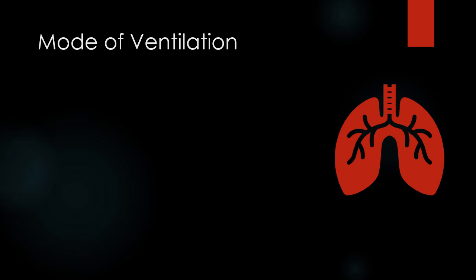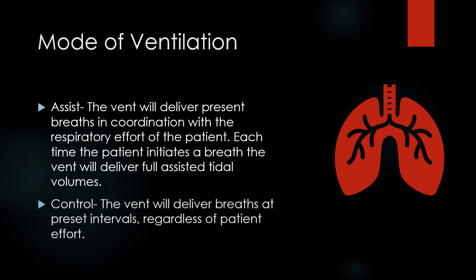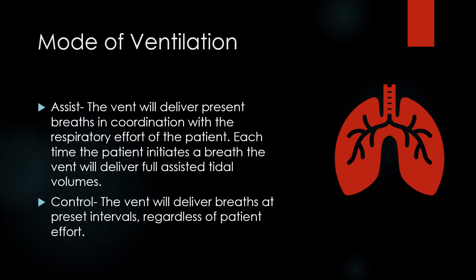If you are not breathing, I, the vent, will control your breathing based off of the settings that the provider put in. AC mode will either assist you or control based off of what the patient is doing, if they're breathing on their own, if they're not breathing on their own. And we'll talk about the benefits and the adverse effects of this mode in the next slide.